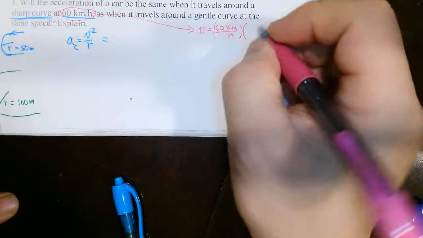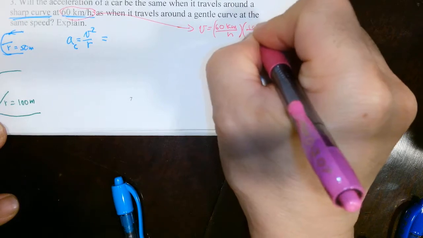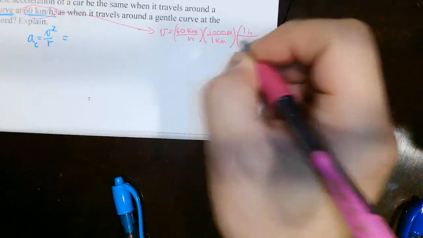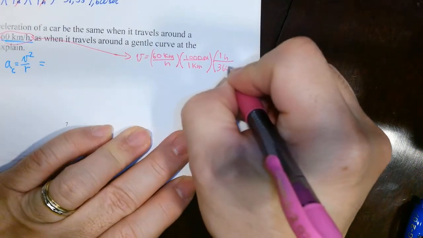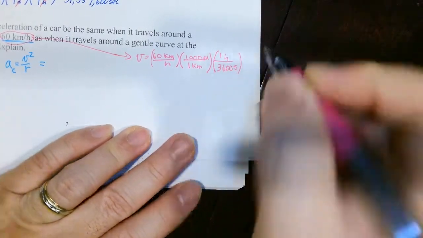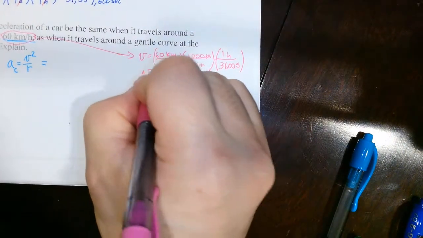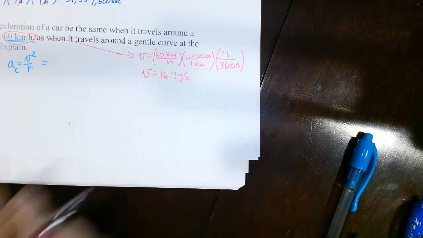If we convert that, in 1 kilometer there are 1,000 meters, and in 1 hour there are 3,600 seconds. So if you work that out with your calculator, I think you'll get something like 16.7 meters per second.